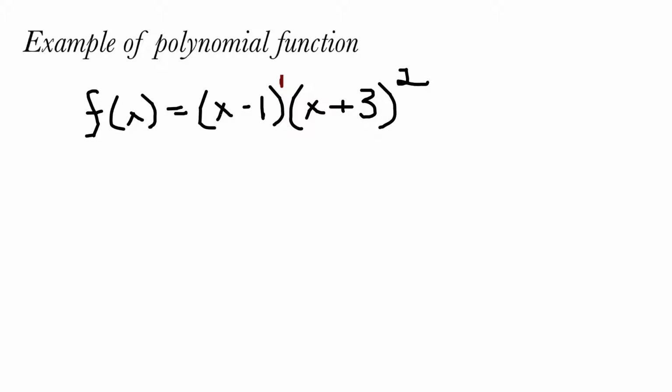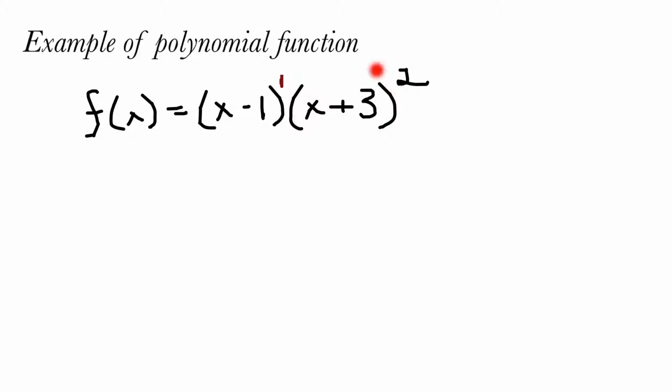All right, well, let's think about what the power function is that this graph would be similar to. If I were to distribute this up, this x minus 1 is just the first power. But this x plus 3 quantity squared becomes x squared plus 6x plus 9. Well, that's an x squared.